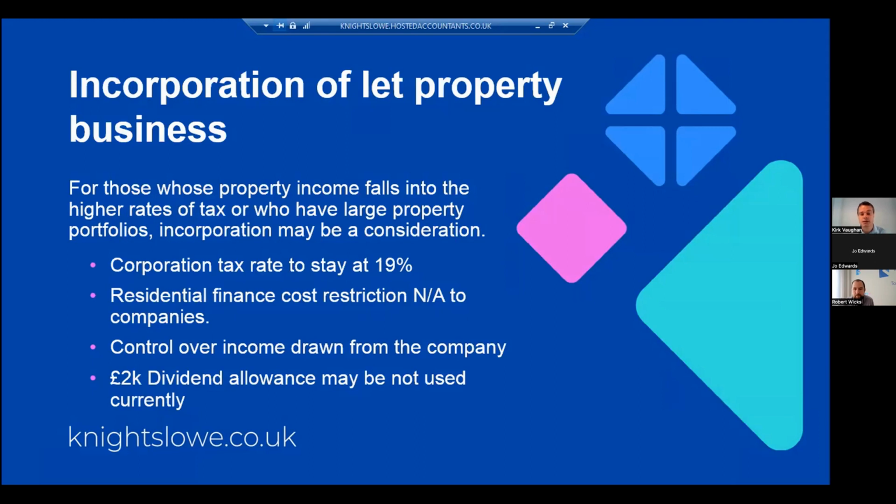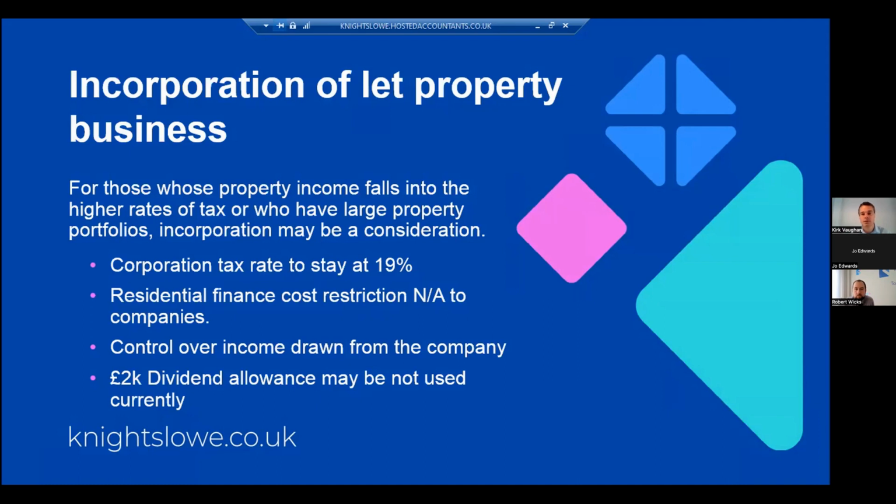It might be keeping your income below £100,000, so you don't lose your tax-free personal allowance. Whereas individually, you are taxed on those profits. And whilst you've got some scope to affect those profits by the level of repairs and costs you might have, typically there's less scope than there is within a company of controlling the income you're taxed on.